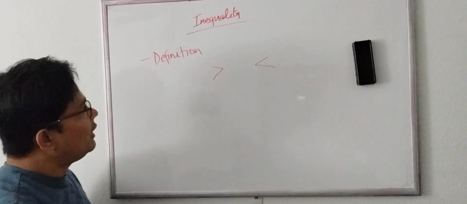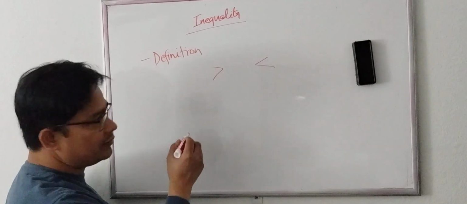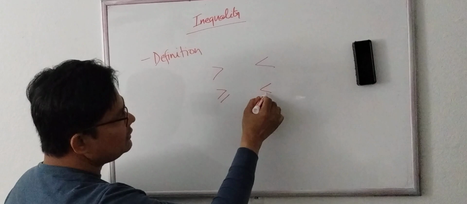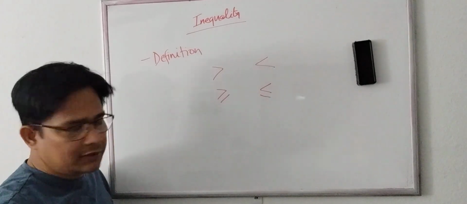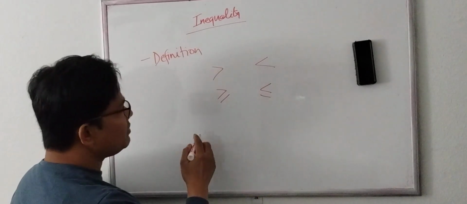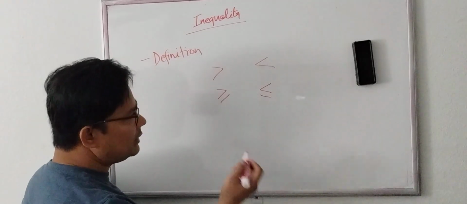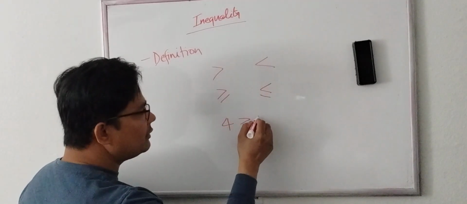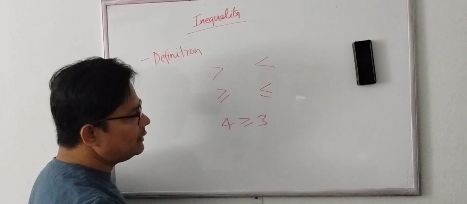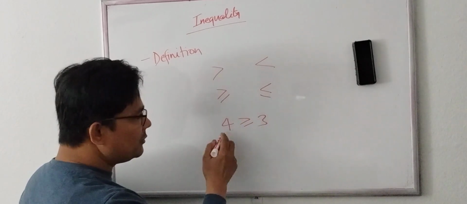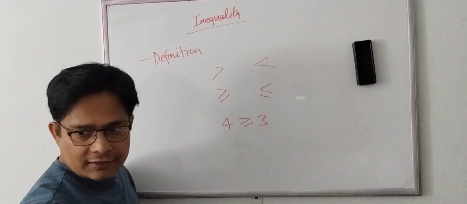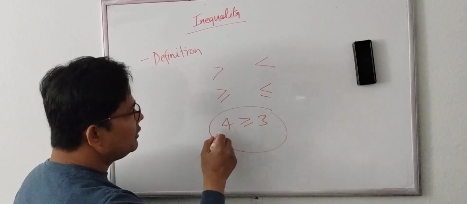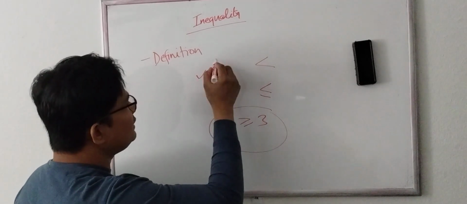Another is called non-strict inequality, where you have greater than or equal, less than or equal. In the case of numbers, let's say 4, we cannot say 4 is greater than or equal to 3. Yes, 4 is greater than 3, but it's not equal to 3. So when we have known numbers, we go by strict inequality.